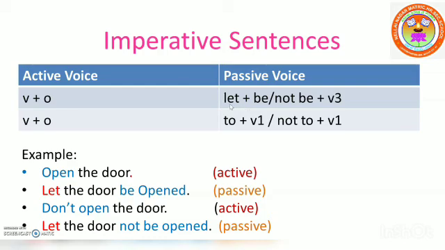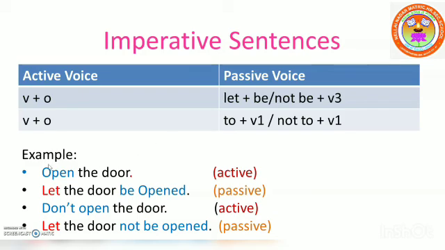One is using the let model and another one is the infinitive model. The let model structure: let plus be or not be plus V3. If it is a negative sentence, use not plus be. Positive means use let plus be. The same thing can be applied for the infinitive. If it is positive, use to plus V1 form. If it is negative, not to plus V1.